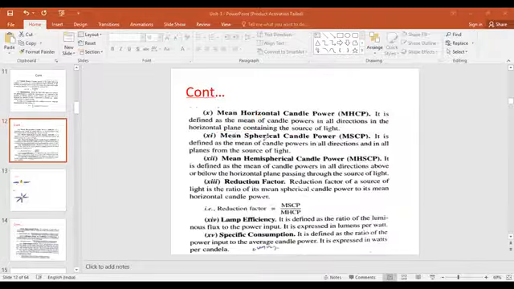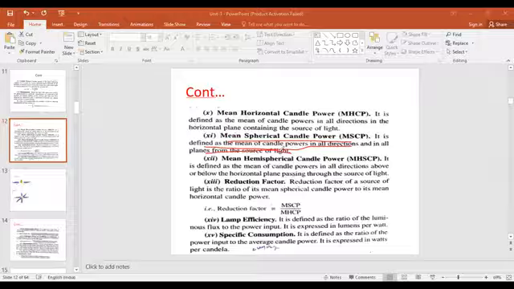Now mean spherical candle power. See the definition: it is defined as the mean of candle power in all directions and in all planes from the source of light.